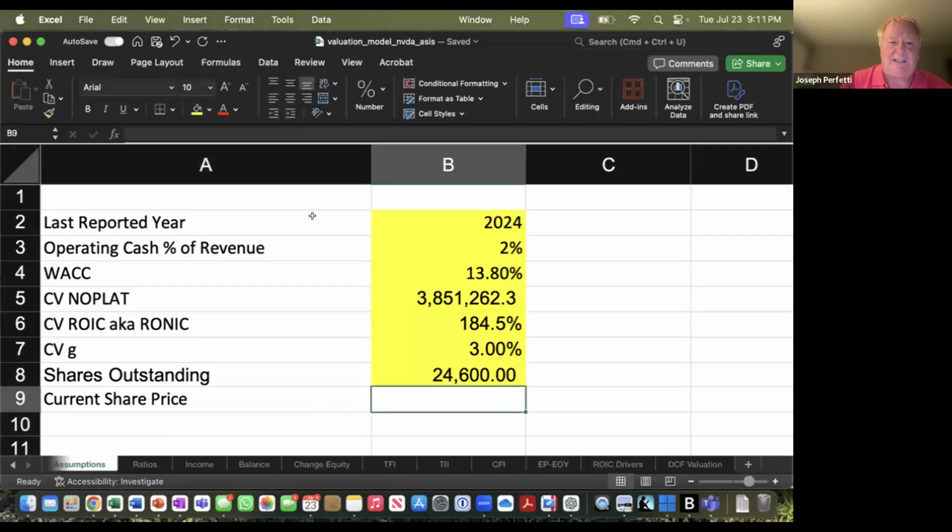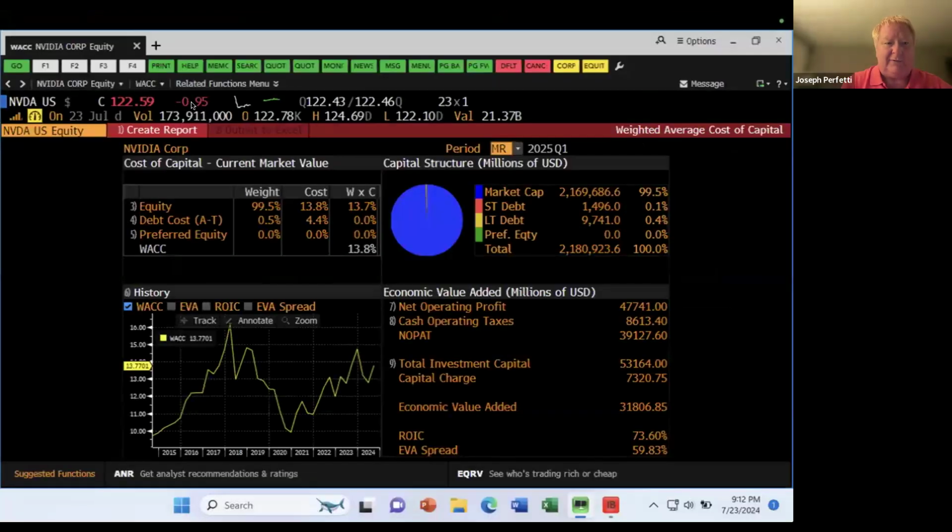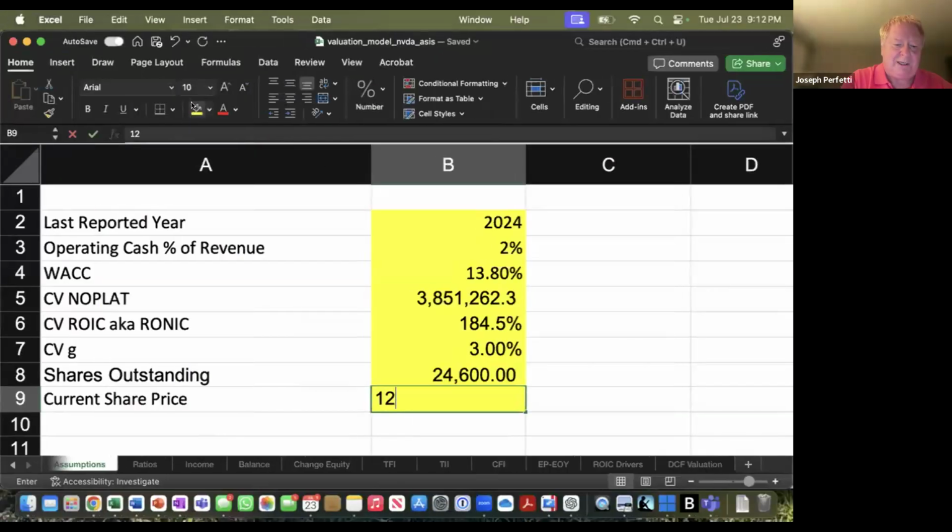We will get this off the DES screenshot in yellow. And again, the screenshot I gave you today, 122.59. So there's two numbers you're going to get off the DES screenshot. You're going to get the share price, which is at the top of the screen, current share price of the company for as-is. We're going to put that here.